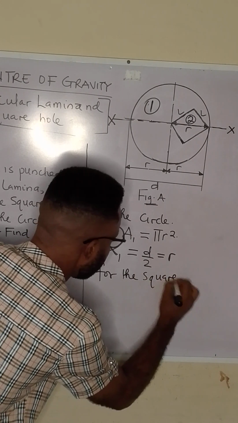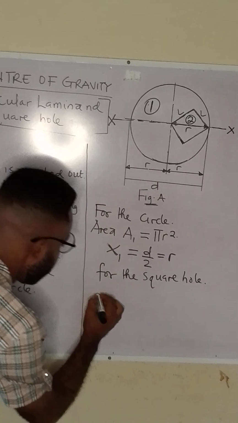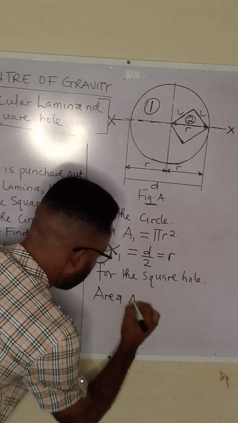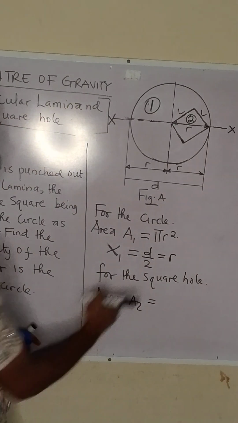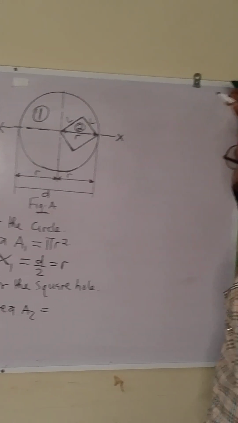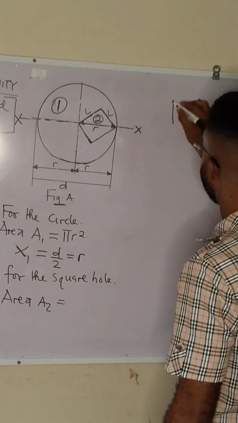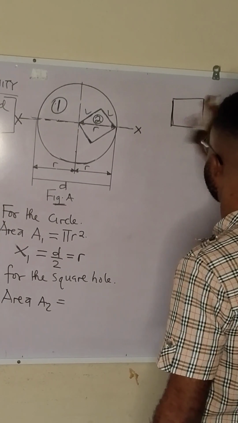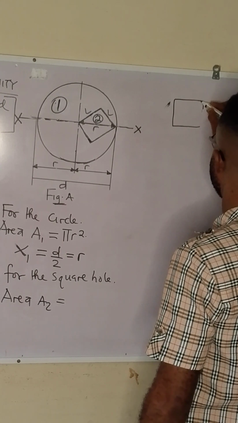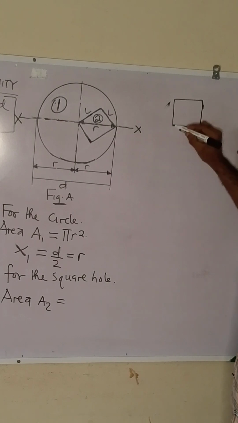Okay, now we are going to do something for the area. The area for the square hole A2 will be, okay, let's calculate this using Pythagoras' theorem. Now this is a square, and if I bring it out from the circle, this is what we have. And this diagonal is here.